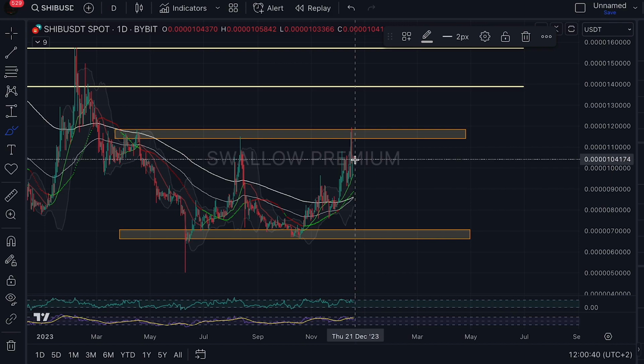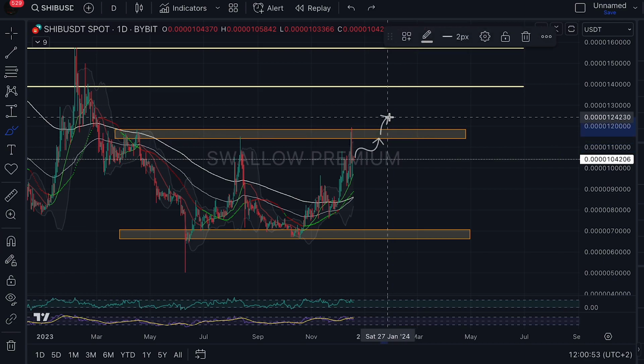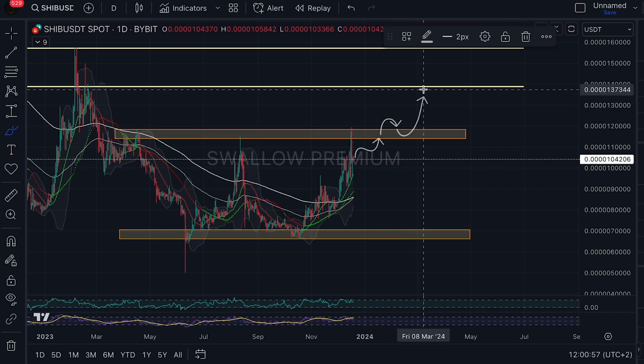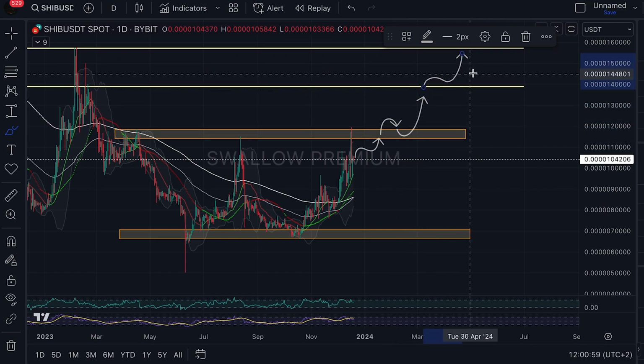Meaning, if we see any kind of movement from here towards this zone, a retest of this same resistance zone, there is a high chance of seeing a breakout near this zone, and a continuous movement retesting this zone, and then movement to the upper zones, and then again to the upper zones.